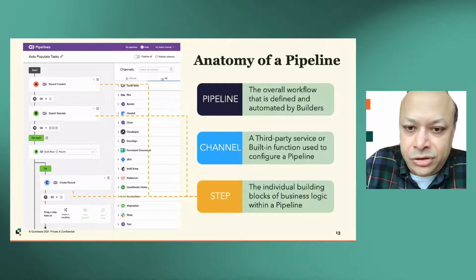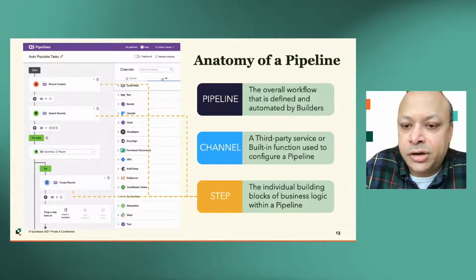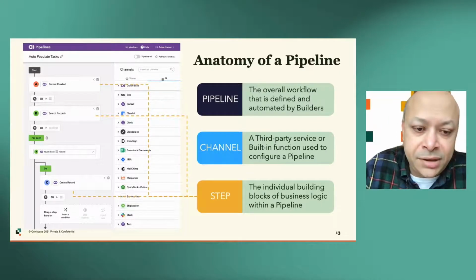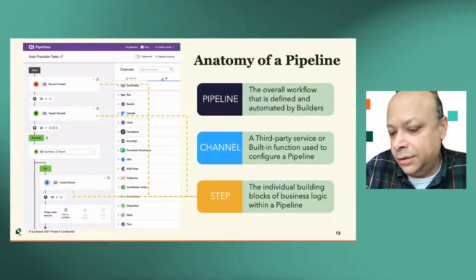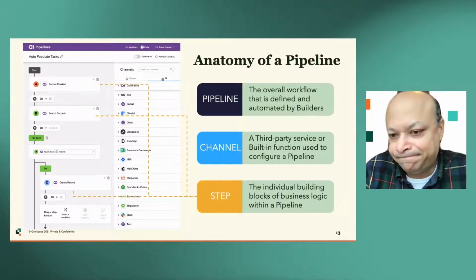What we are trying to do is make your on-prem data just another channel in your toolbox, so that you can use that to bring data into Quickbase or move data from Quickbase into that on-prem data source.